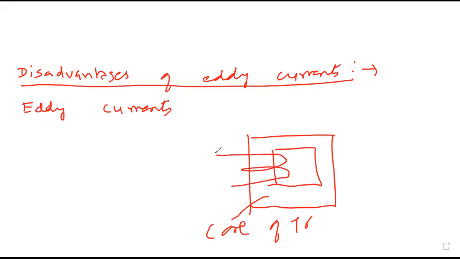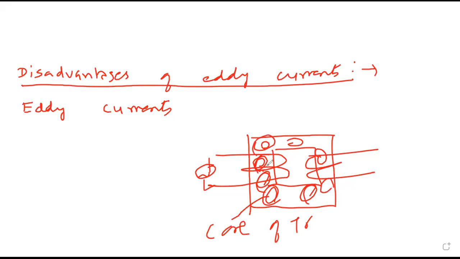Here you connect one coil. Then alternating current flows, and this alternating current will develop changing flux. So eddies are developed here. Eddy current is a loop, because electrons have space to move. And whenever there is current, there will always be heat.